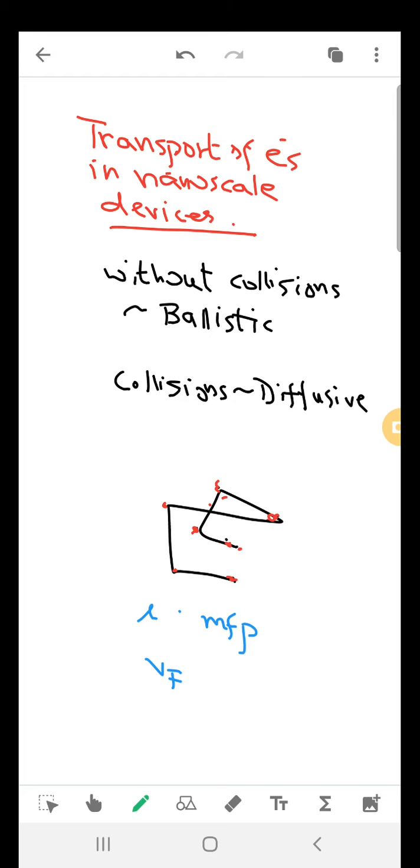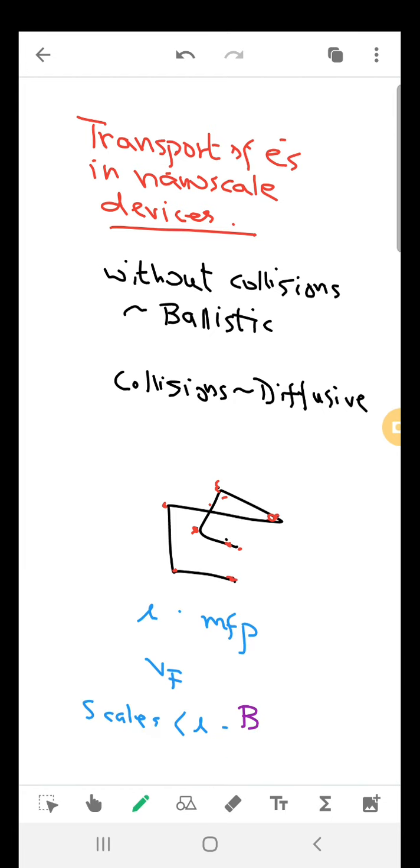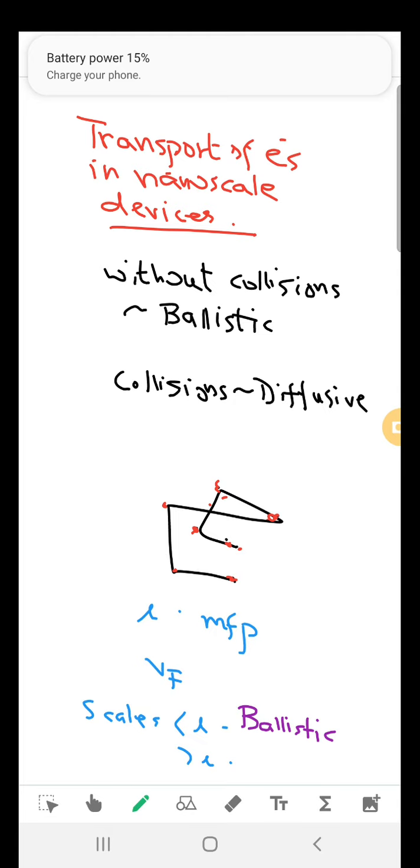Now, on scales which are short compared to L, that means scales less than L, we say that the motion is ballistic, as we have previously mentioned. However, if the scales are greater than L, that means there have to be some collisions, then we say that the motion is diffusive.